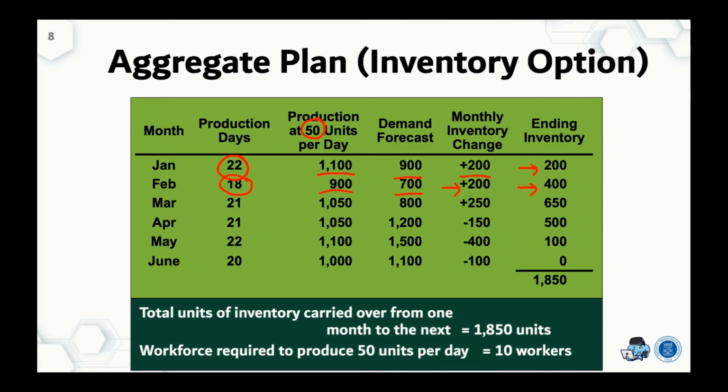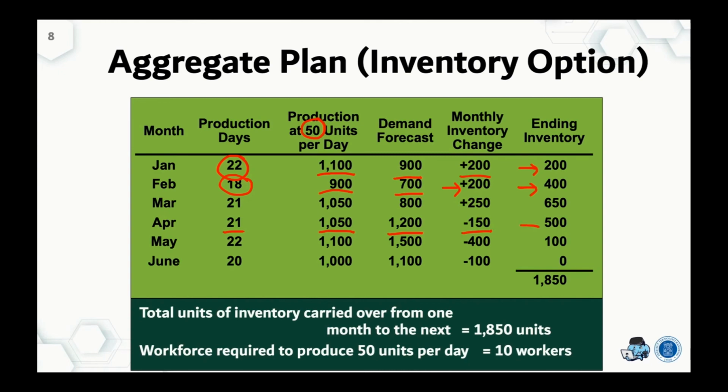We can do a similar calculation until we reach the month of April, where the production days are 21 and the total units produced is 1050, while the demand forecast is much higher than that, 1200. So we have a minus 150 gap. So we use the inventory to fulfill that gap.